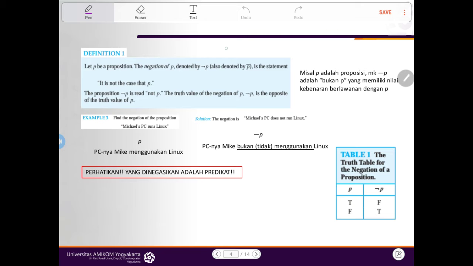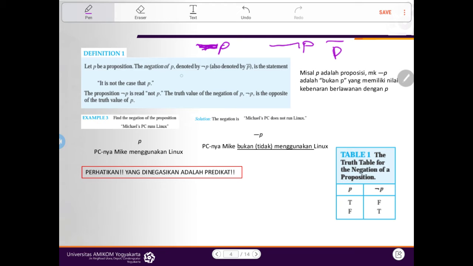The negation of P is denoted like a minus, but a little bit down, like this, followed by the small letter P. Also, we can denote it as P with a bar on top. And in English, we can read it as not P.